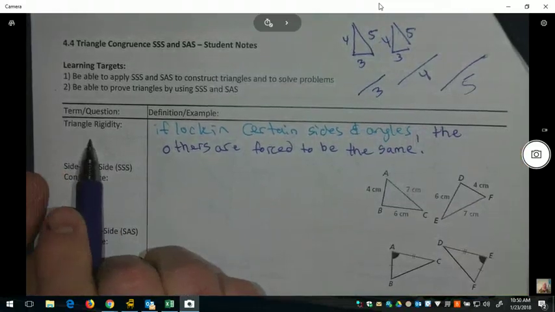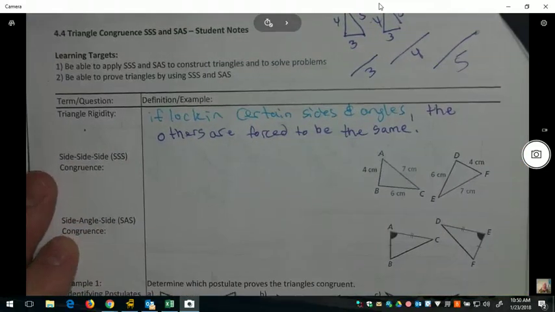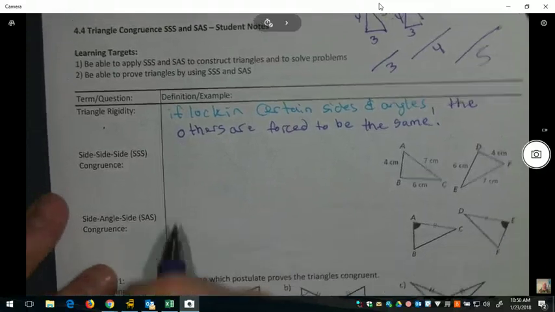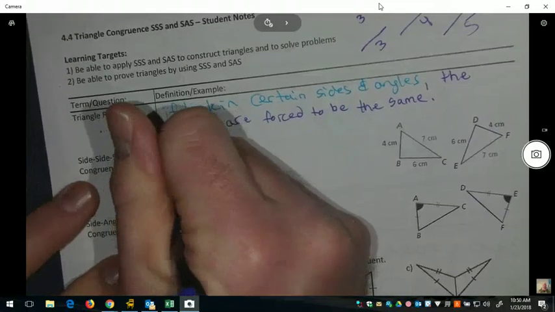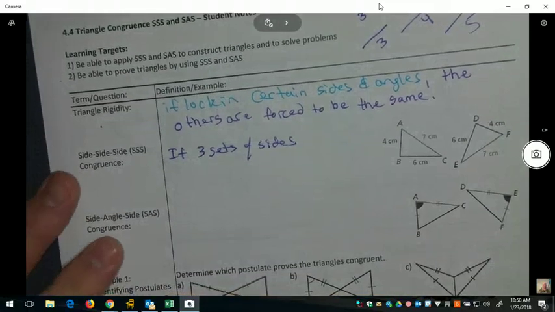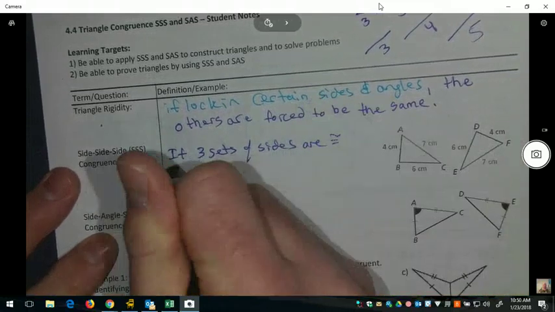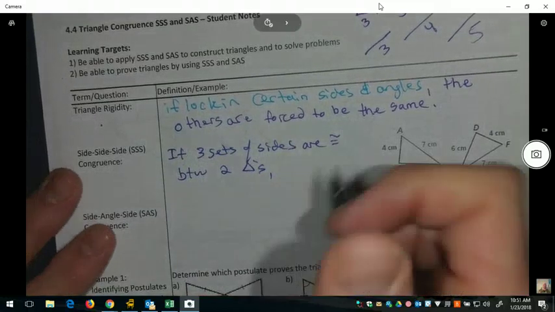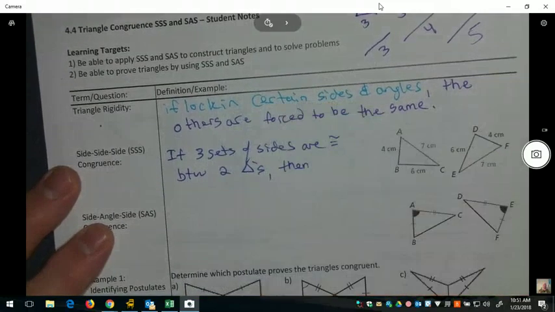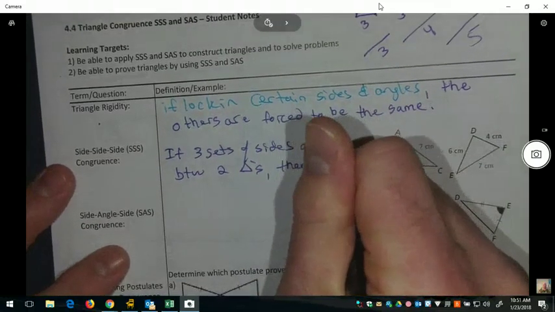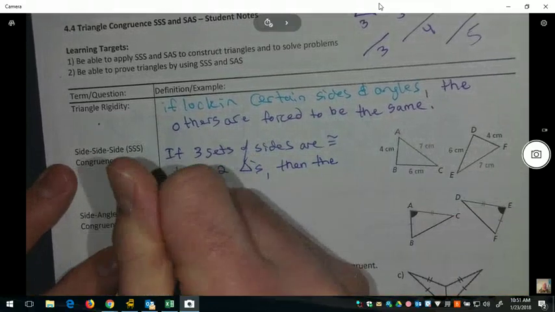That's triangle rigidity. The same thing with side angle side, and we saw how it is similar when we talked about the front side of these notes, how the similarity will give us the other angles congruent. Side side side says, if 3 sets of sides are congruent between 2 triangles, then the triangles are congruent.